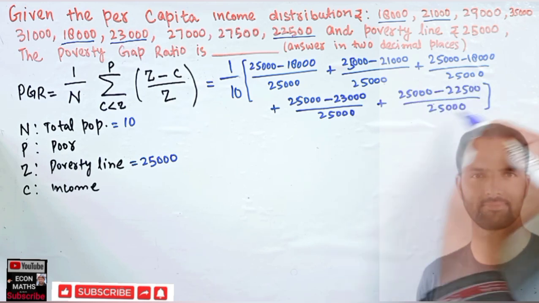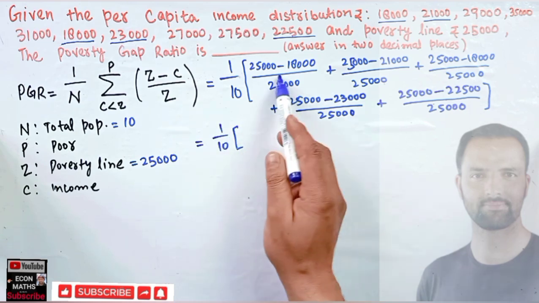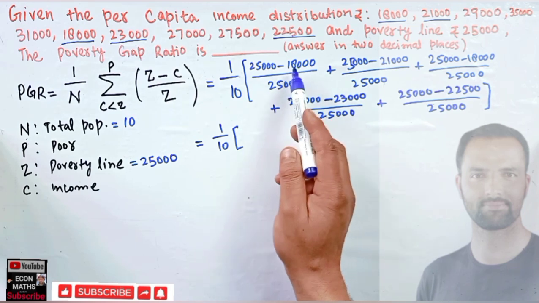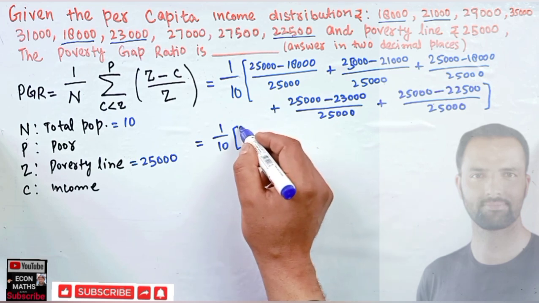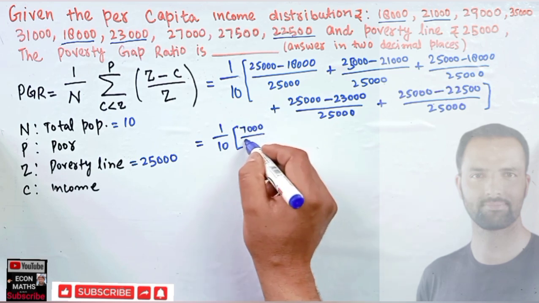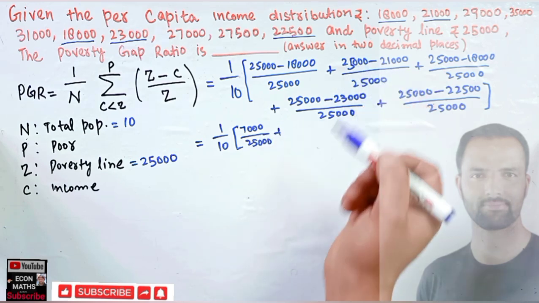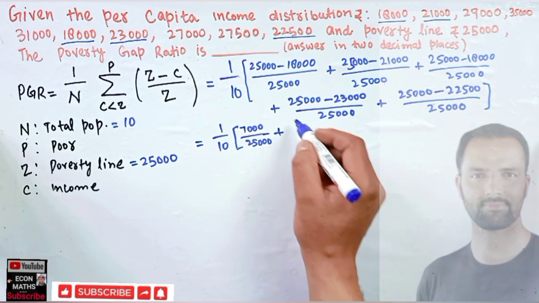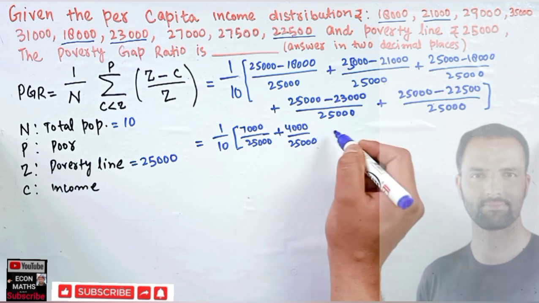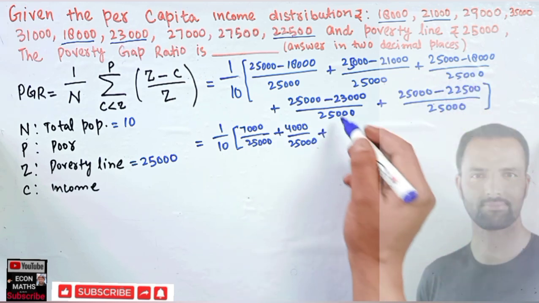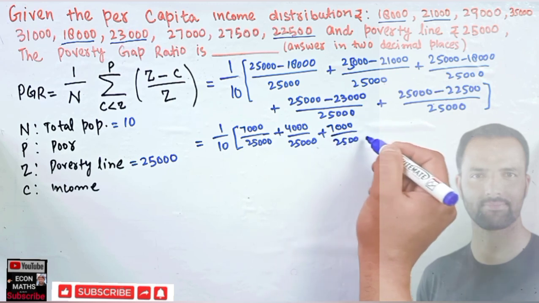Now let's try to solve this out. This is 1 upon 10. Now 25,000 minus 18,000, this comes out to be 7,000 upon 25,000. Plus 4,000 upon 25,000, plus 7,000 upon 25,000.